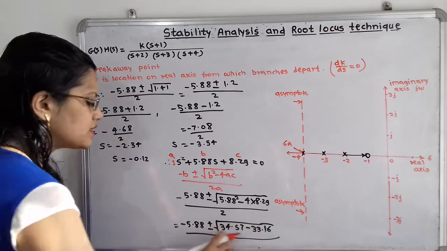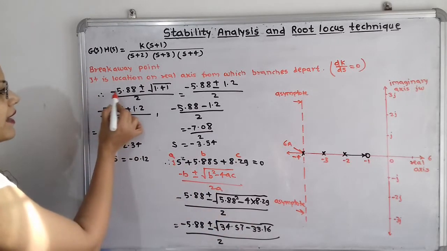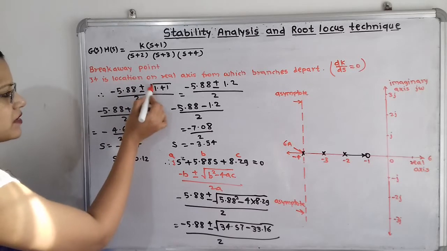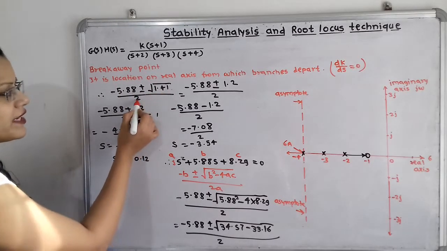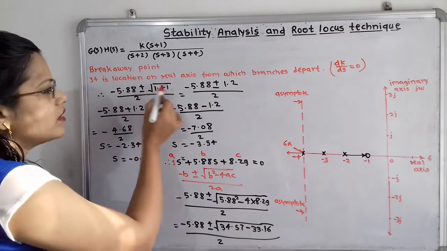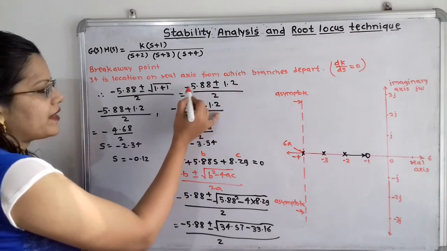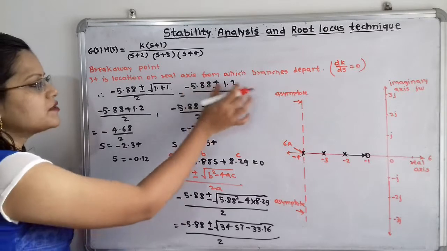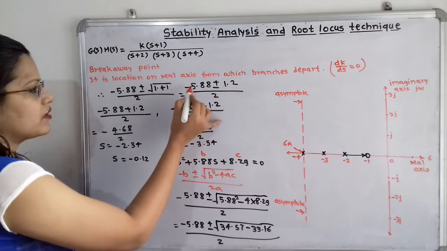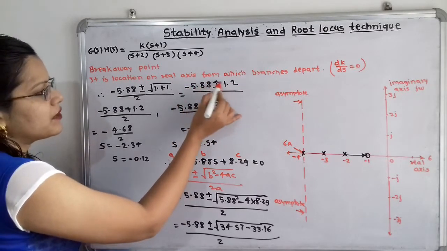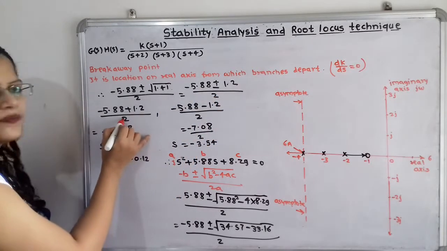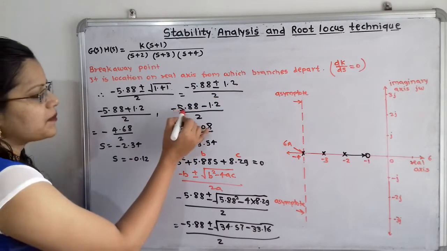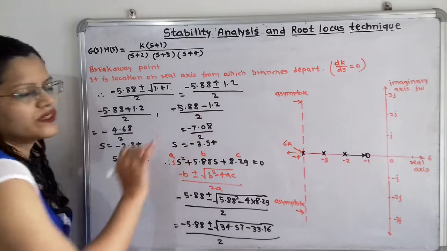When we solve this square root, we will get minus 5.88 plus minus under root of 1.41 divided by 2. So I will take here 1.2. So minus 5.88 plus minus 1.2 divided by 2. We will split this. First we take minus 5.88 plus 1.2 divided by 2, and then minus 5.88 minus 1.2 divided by 2.